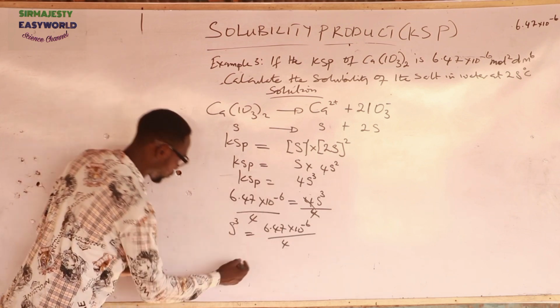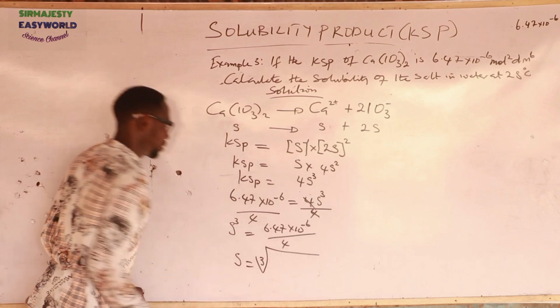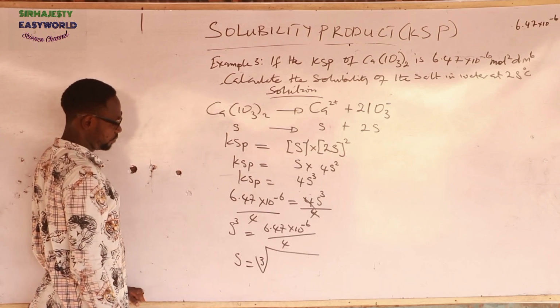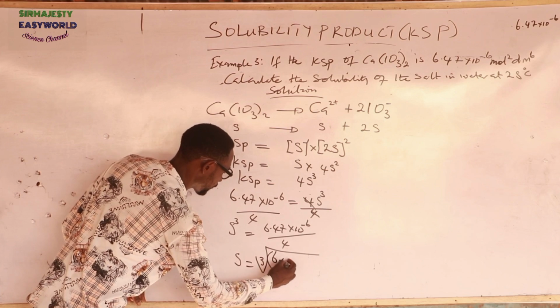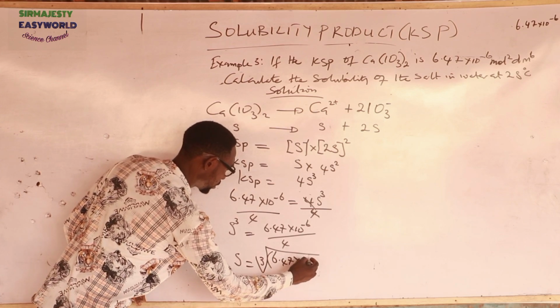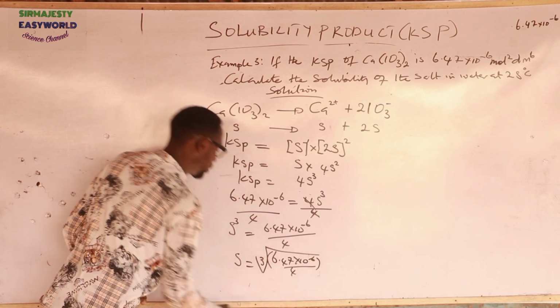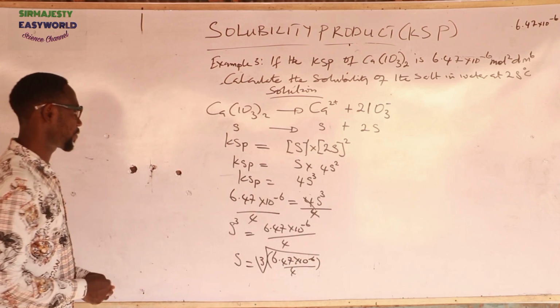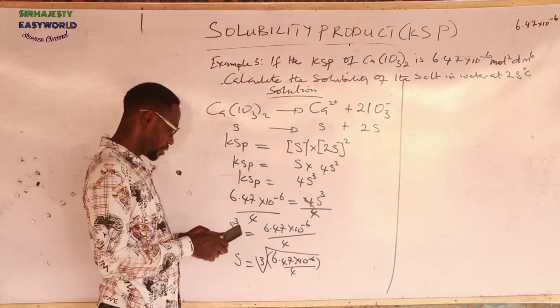So I can walk straight and tell you also that S alone is the cube root of 6.47 times 10 raised to power minus 6 divided by 4. You can carefully press this if your calculator will permit you and get your final answer.